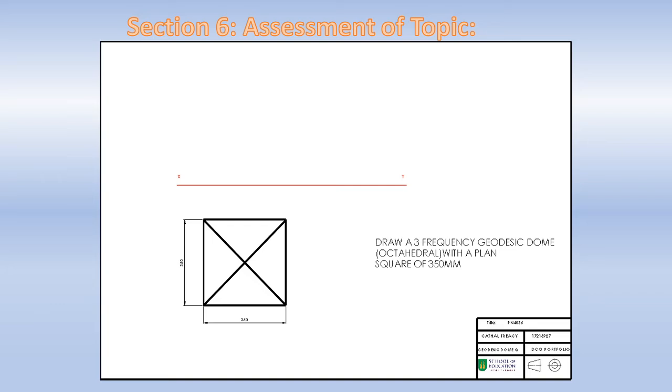The reason why I've picked this question, or I've come up with this question, is that it has all the fundamentals of a geodesic dome with an octahedral. If they're able to complete this question to a high standard, they will know the basics and they'll be able to apply the knowledge they have learned from other topics and this topic to complete this question.